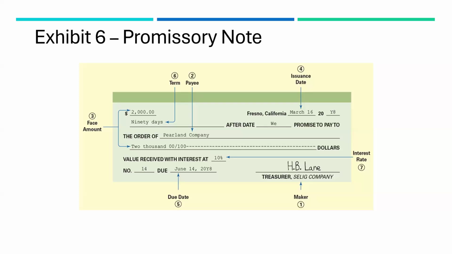And the payee is Perlin Company, and then the maker of the note is Sleeg Company.